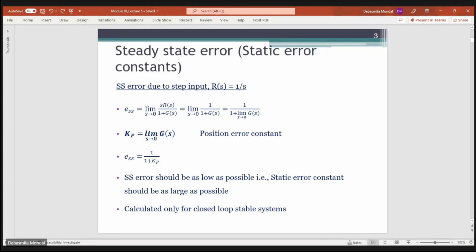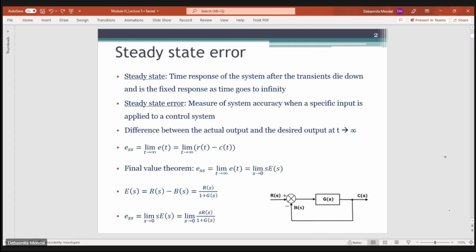Suppose you are provided with a closed loop, unity feedback system. If you want to write the expression for the steady state error, E_ss will be equal to limit s tends to 0 of s times R(s) divided by 1 plus G(s), where R(s) is your input.